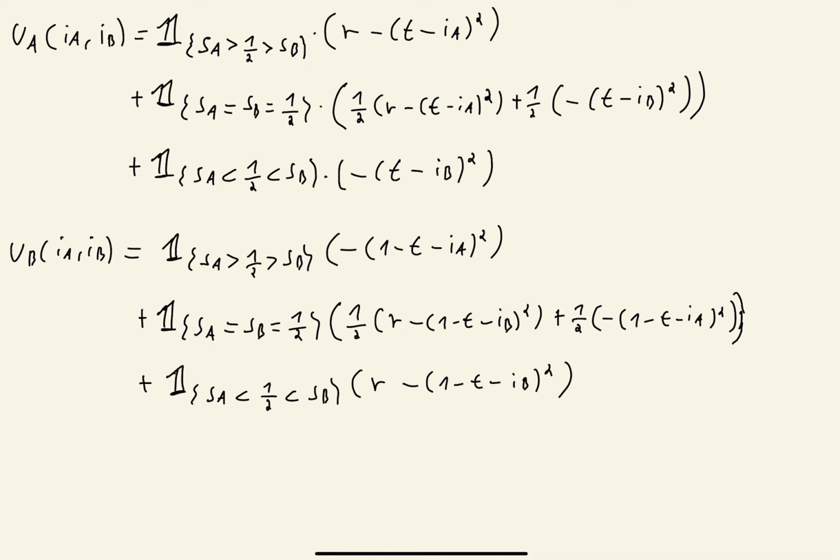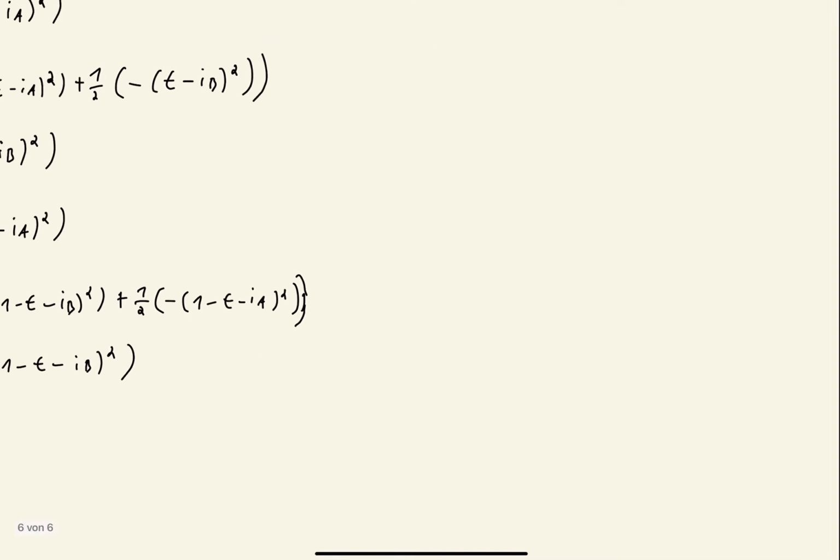Okay, so this is why we need the utility functions, to test whether there are profitable deviations or not from the equilibrium where both have chosen an ideology of 1/2, 1/2. So now proof that IA star equal to 1/2, IB star equal to 1/2 is an equilibrium.